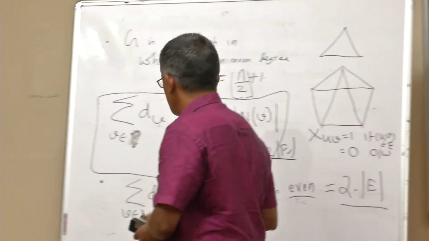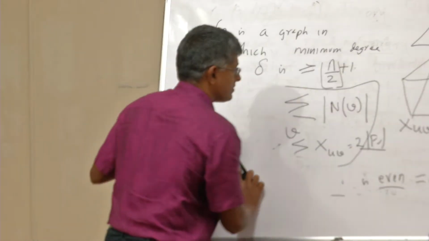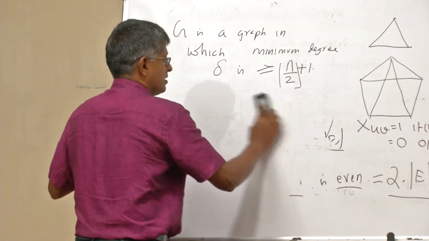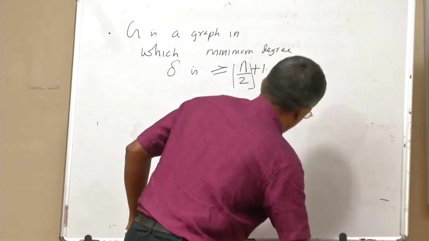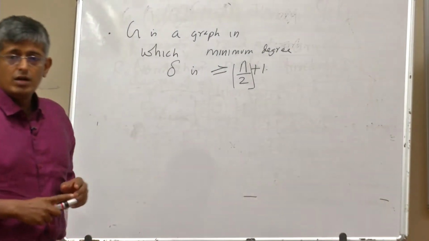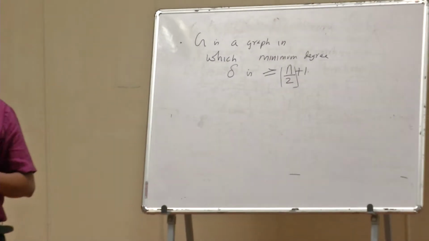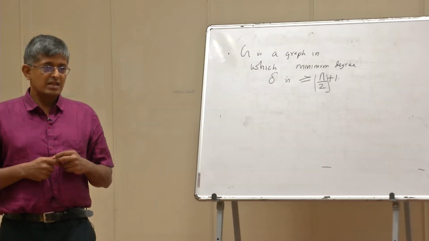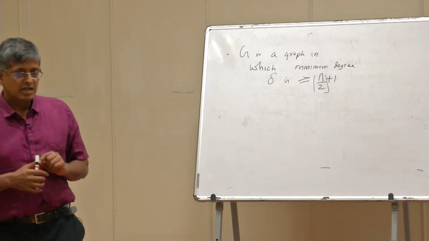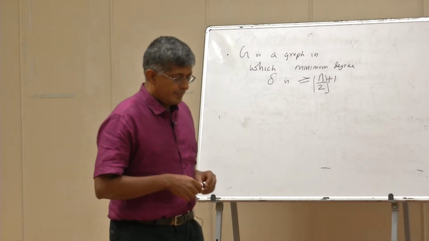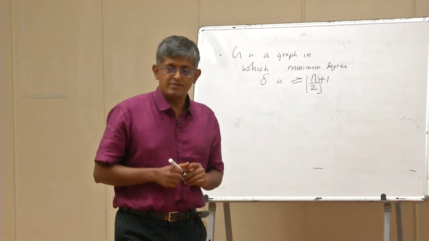So let's get back to my second question. I give you a graph in which every vertex has degree at least floor of n by 2 plus 1. Now my question is, what can you say about this graph?